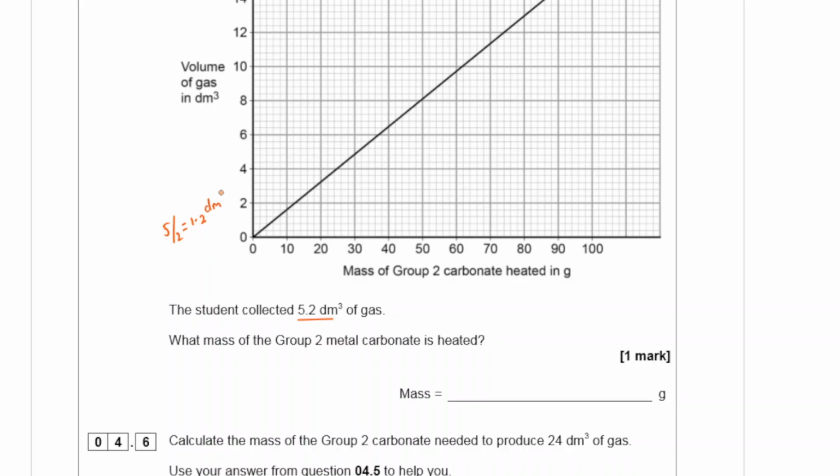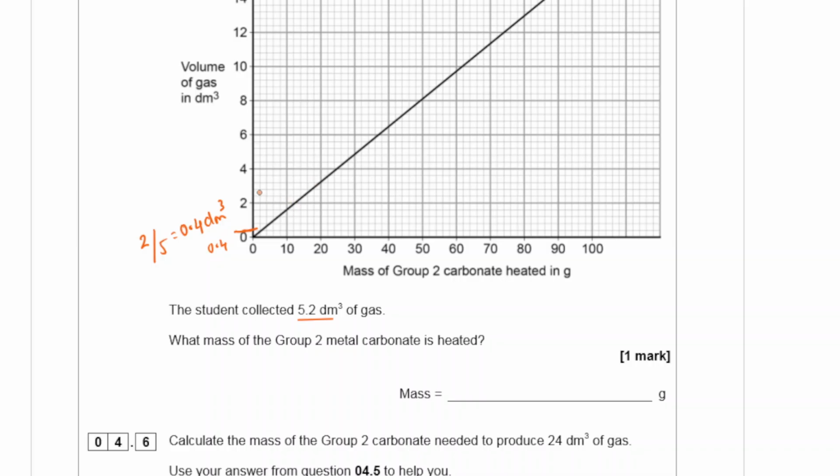Each box is 1.2. No, that can't be right. Sorry, that's wrong. It should be the other way around. That's 2 divided by 5. That's 0.4 dm cube. So each box is 0.4.